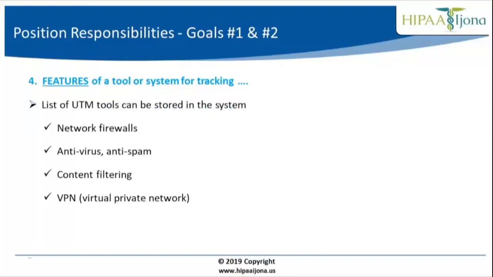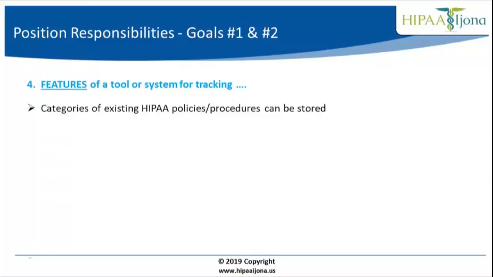Then you need to get a list of UTM tools that are going to be stored in your system: firewalls, anti-spam, content filtering, that kind of stuff. Okay, when you record that list into the system, it will also calculate that the presence of these is going to basically lessen the risk factor. Okay, it will have the logic to do that.